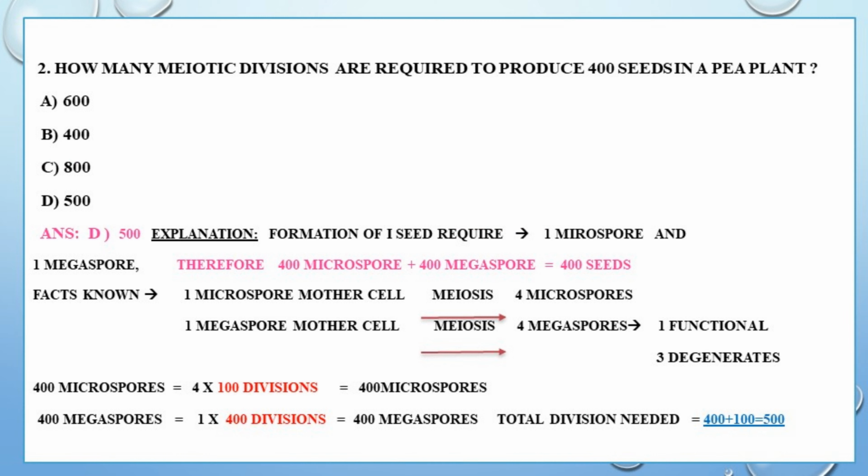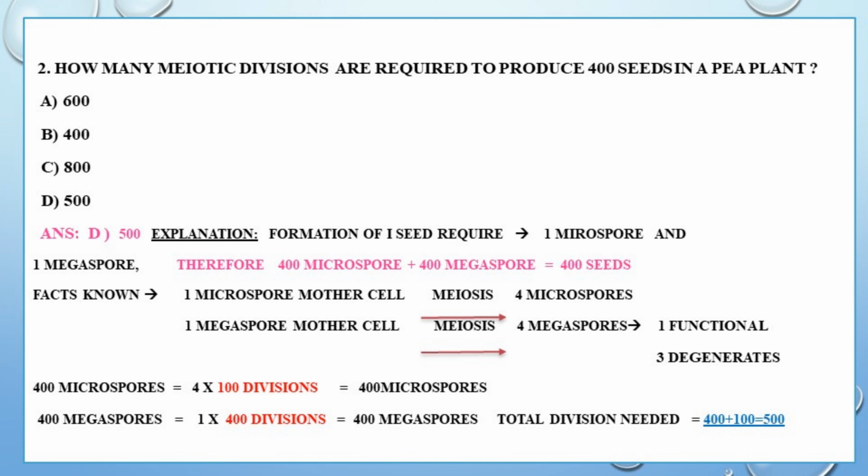So the second question is, how many meiotic divisions are required to produce 400 seeds in a pea plant? Choices given are 600, 400, 800 and 500. So we'll go for the explanation first. Formation of one seed requires one microspore and one megaspore.